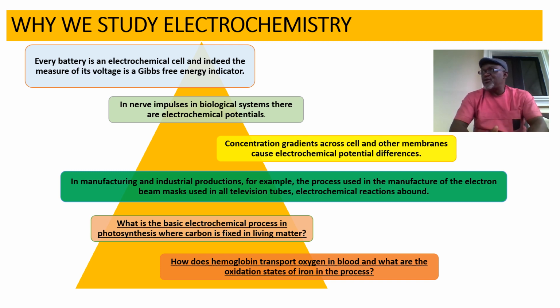So this nerve impulse also takes place as a result of electrochemical potentials between our sodium and potassium ions, exchange of ions along the line. Again, concentration gradients across cell membranes cause electrochemical potential differences. For example, in cell membrane transportation and filtration, let's take our kidney, the glomerulus.